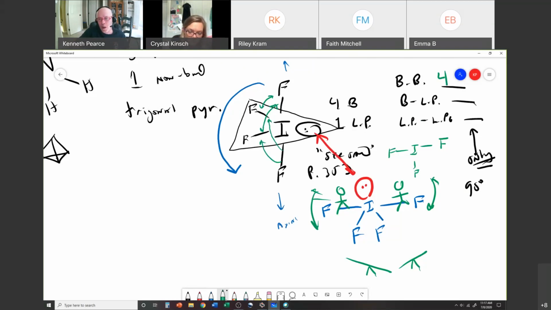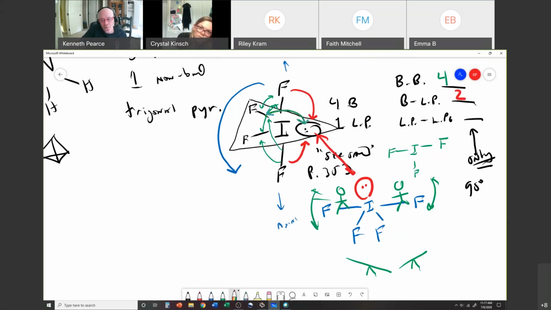Bonded. How many bonded lone pair interactions do we have? Well, I'm gonna do this in red. And now remember, it's axial, equatorial. Here's 1. Here's another from the other direction. We have 2. Okay. And you may be saying to yourself, well, what about these guys right here?